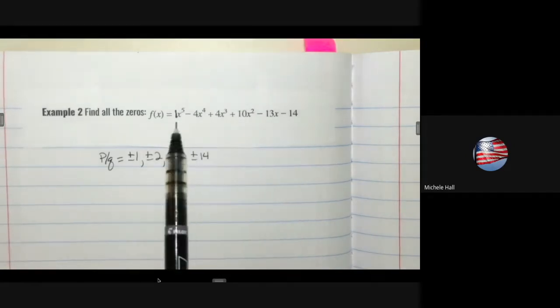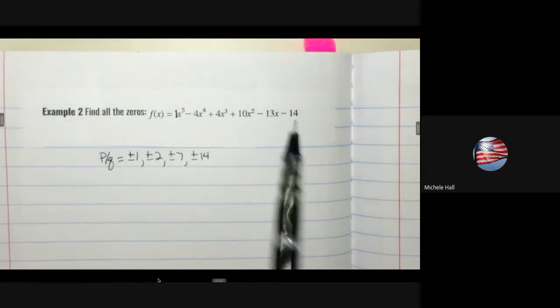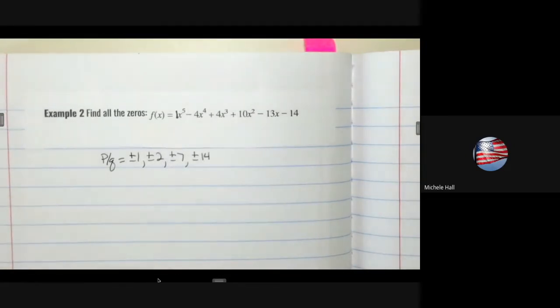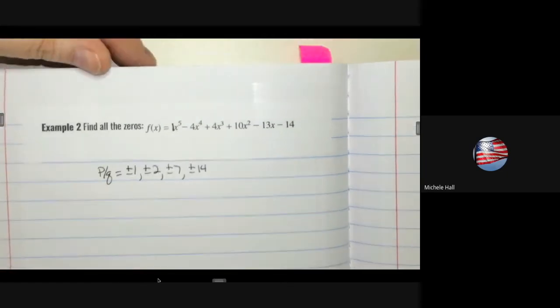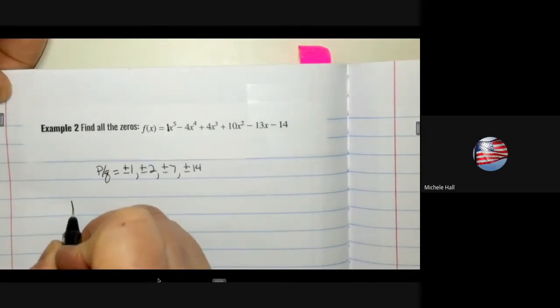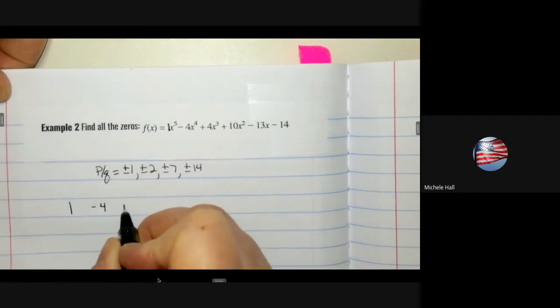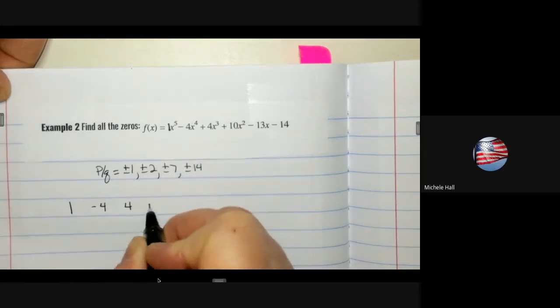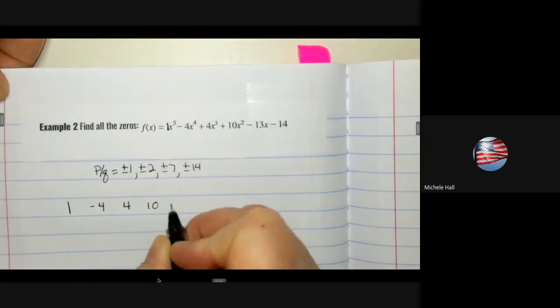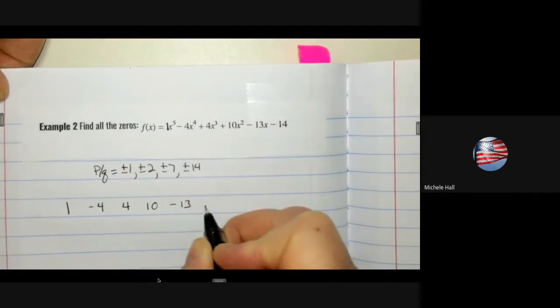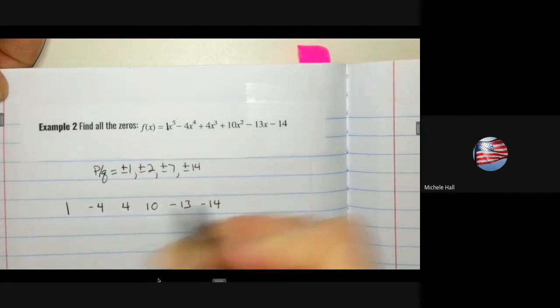The next thing we're going to do is synthetic division. We have degree 5, 4, 3, 2, 1 in the constant, so we're all set on our descending order. Filling off the coefficients, we get 1, -4, 4, 10, -13, -14.